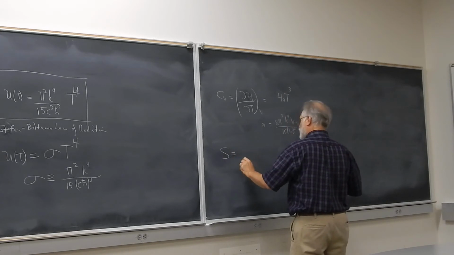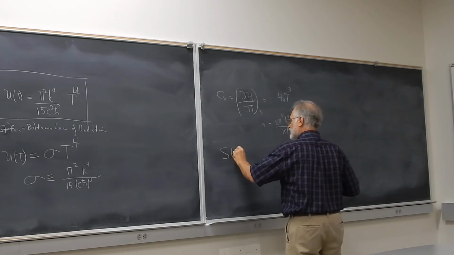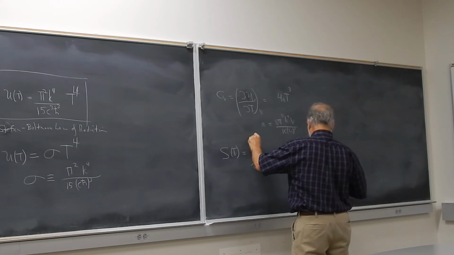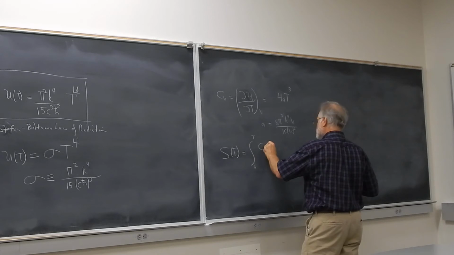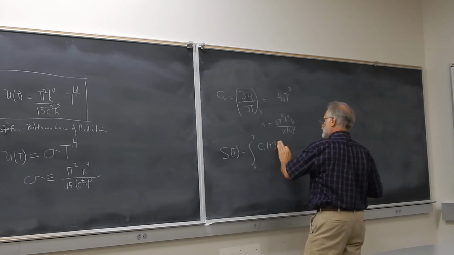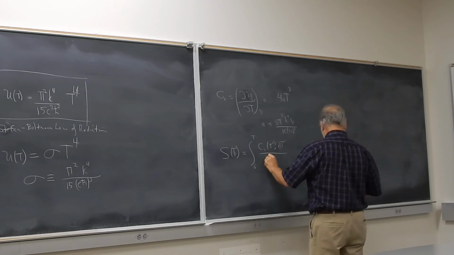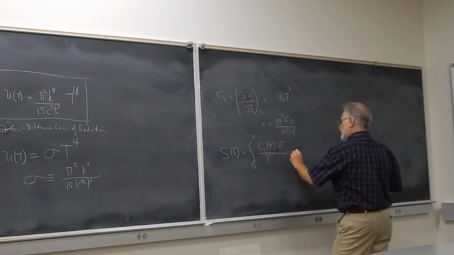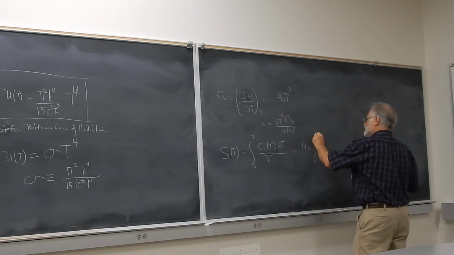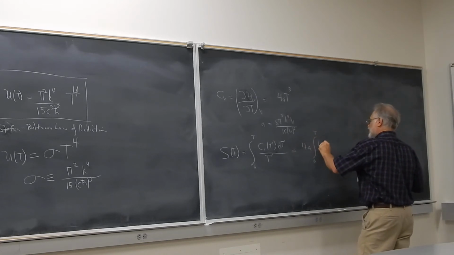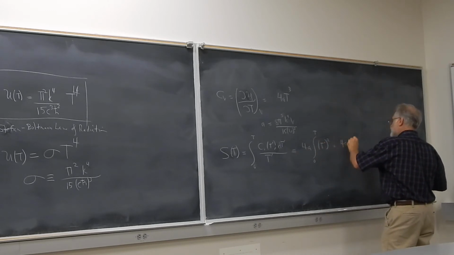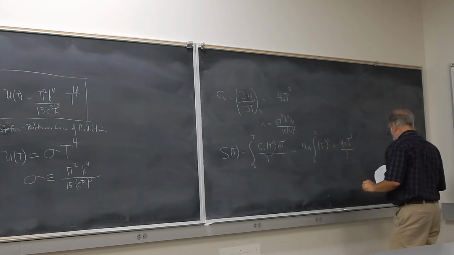Entropy can be expressed as an integral of the heat capacity, 0 to T, C_V of T prime, dT prime over T prime, and that's going to be 4A times the integral from 0 to T of T prime squared, or 4A T cubed over 3.